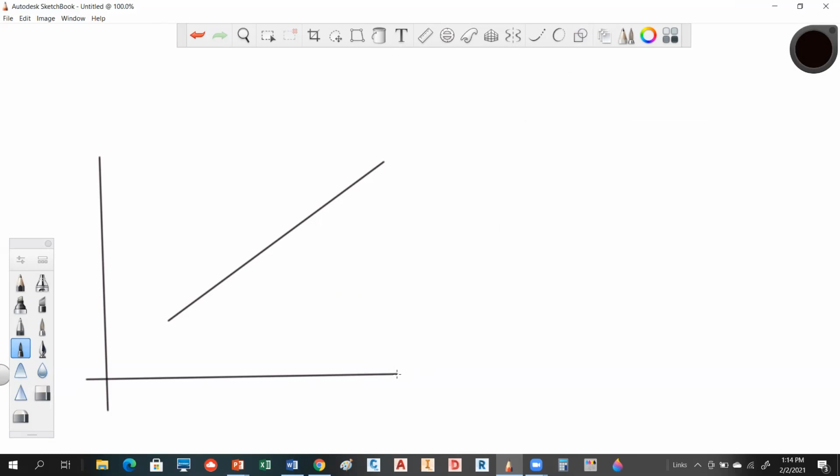We know that this is X, and this is Y. What this says is if you have a point here with an X1 and a Y1, and another point here with an X2 and a Y2, those are known coordinates. You can get the angle of this line by using this inverse concept.